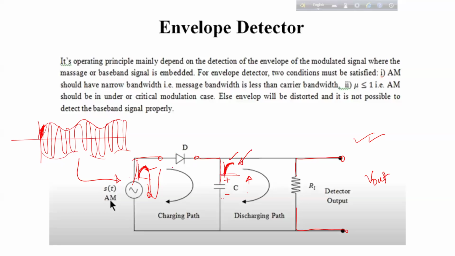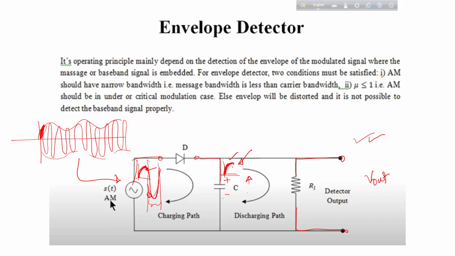So what will happen? For the time being, when the input voltage is below the maximum value, the voltage of the capacitor is higher and the diode is in reverse bias. So this is open circuit.